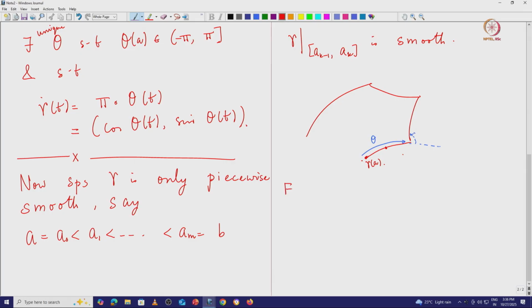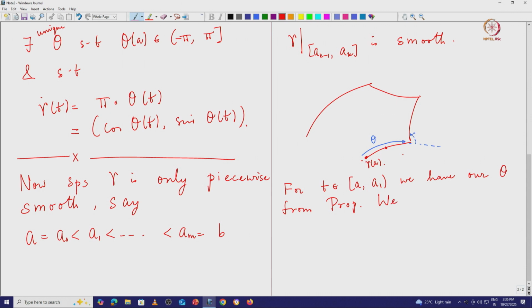So for t from A to A1 we have a theta from the previous part, from the proposition.